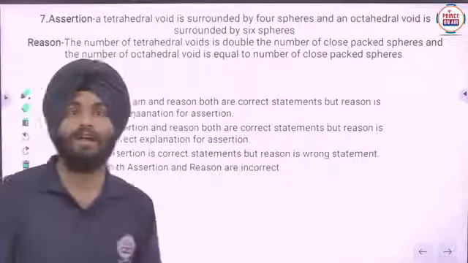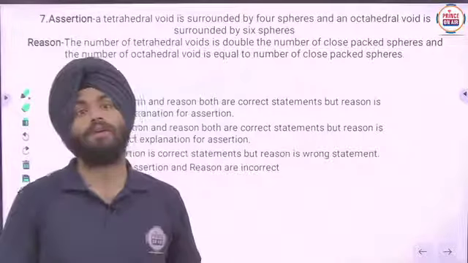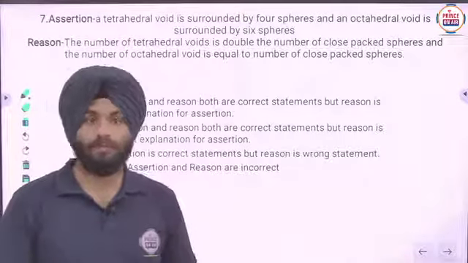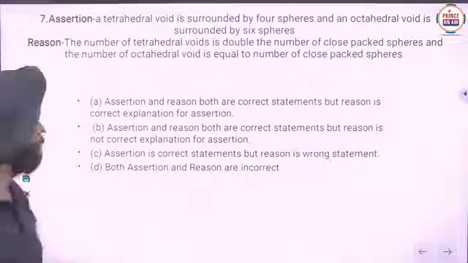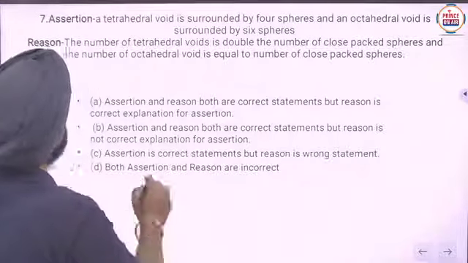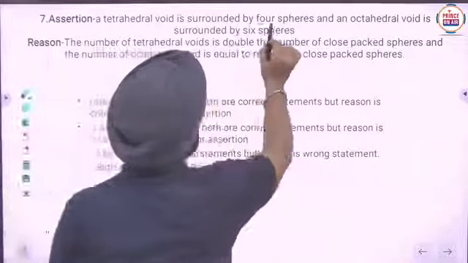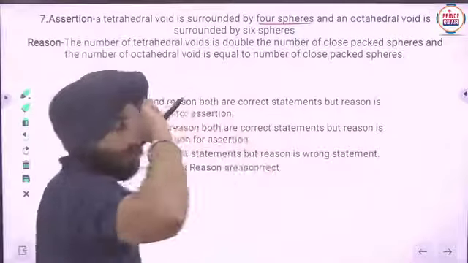Firstly, see whether the assertion is correct or not. Check it out once. A tetrahedral void is surrounded by 4 spheres. Yeah, sure.